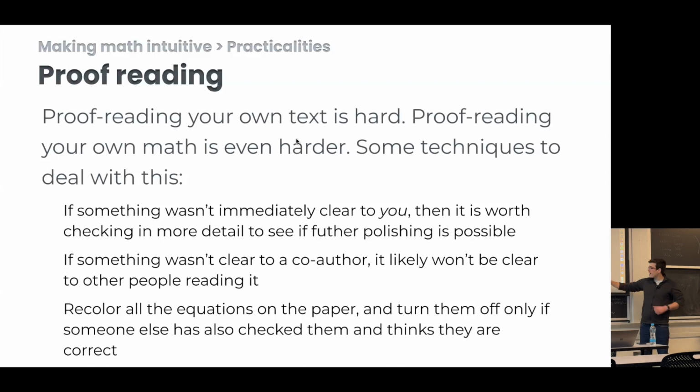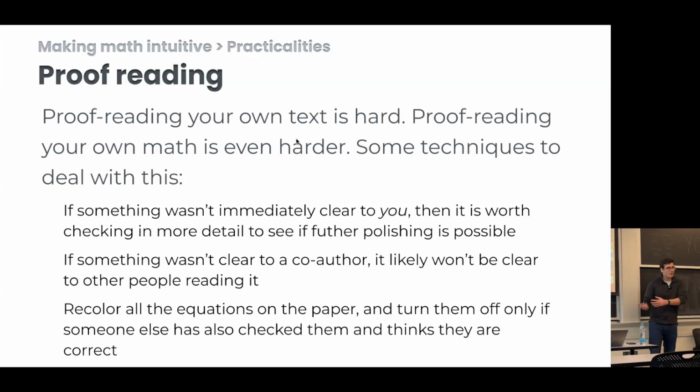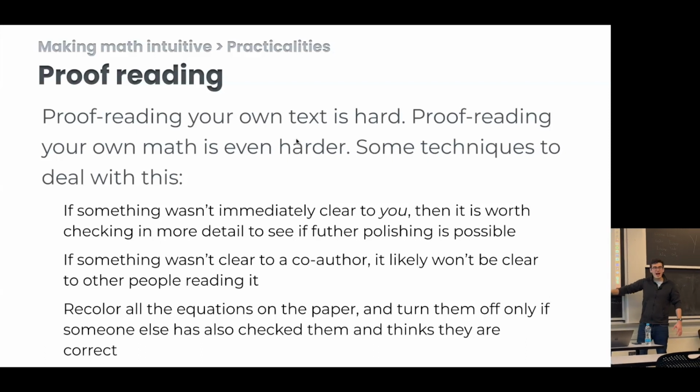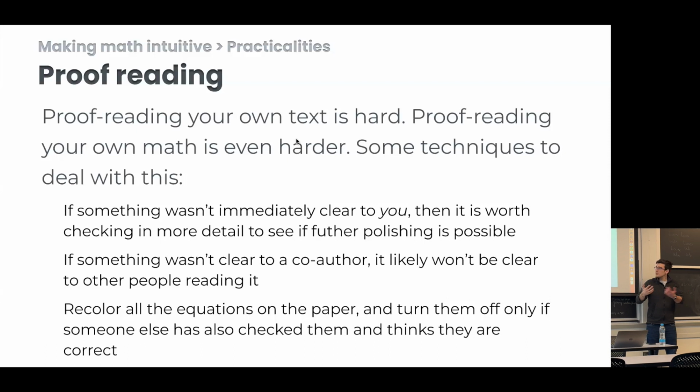In his case, it's senior authors who also have to make sure the math is correct, but you can also do it just yourself. There are two things here. One, the act of making sure somebody else also checks it, which I think is great. And two, changing the color as a way of making it so that your brain is not primed to expect something.